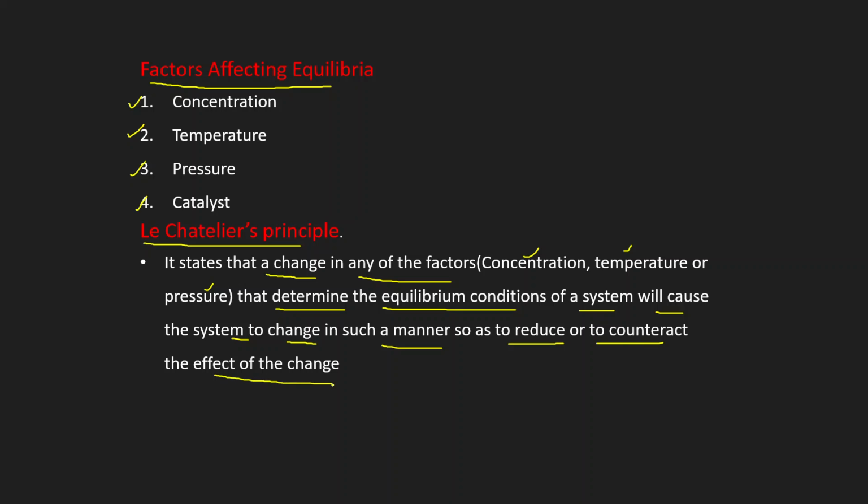In a very simple way, we can say that if we change concentration, temperature, or pressure at equilibrium, then that reaction will shift, or we can say equilibrium will re-establish, in such a way that the effect of change is reduced.